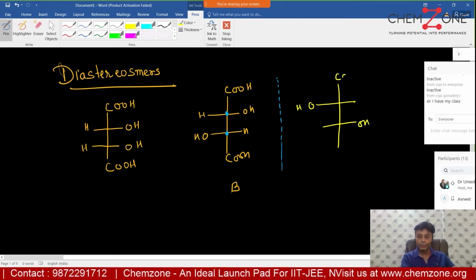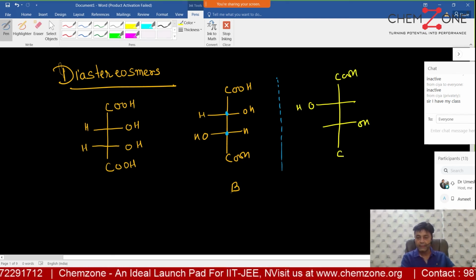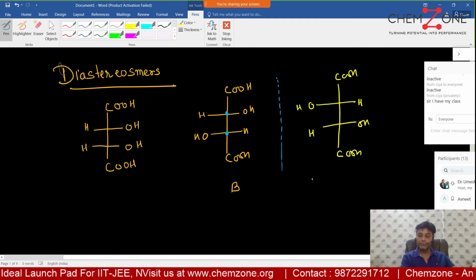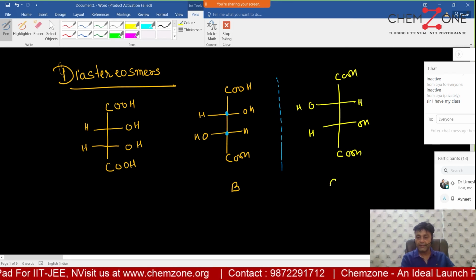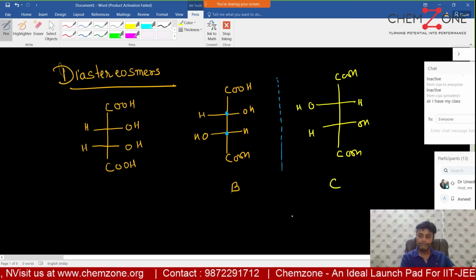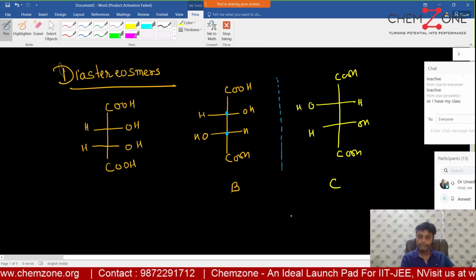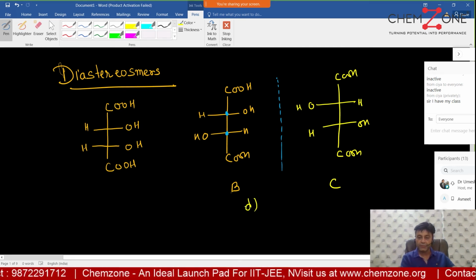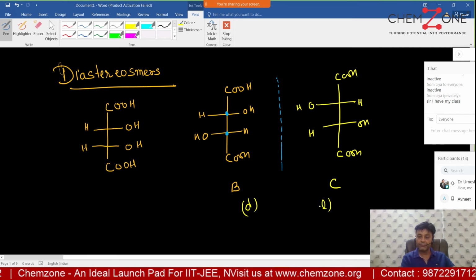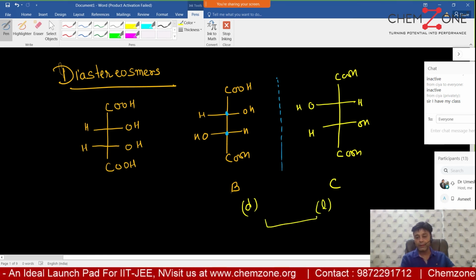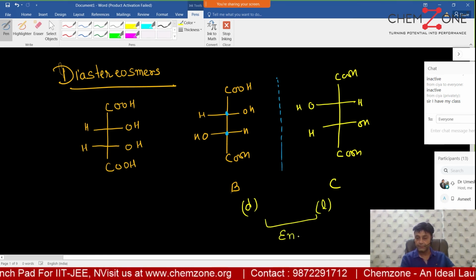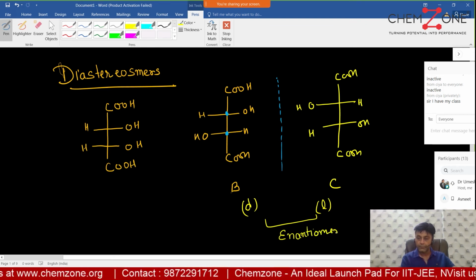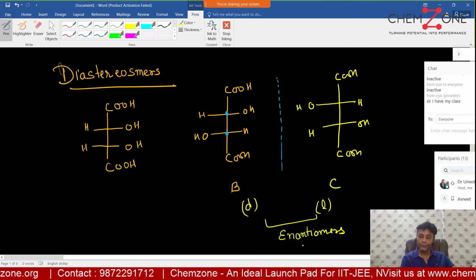Are these two structures, B and C, superimposable upon each other? Yes or no? These are not superimposable, right? So this is dextrorotatory and this is levorotatory. And these two are enantiomers of each other, or optical isomers of each other.